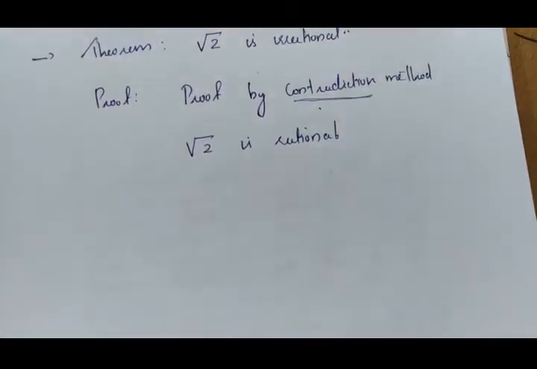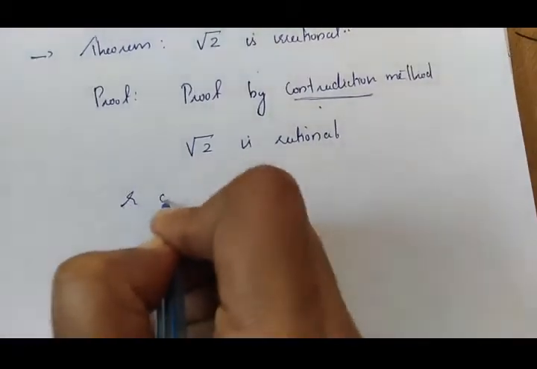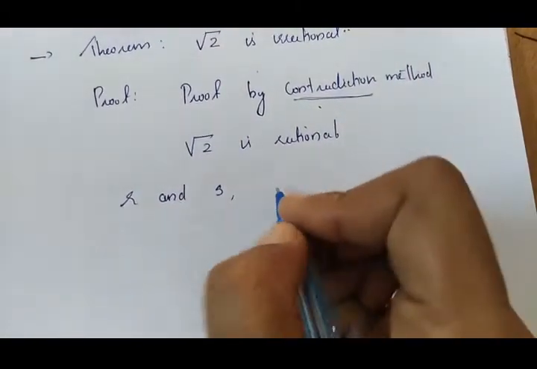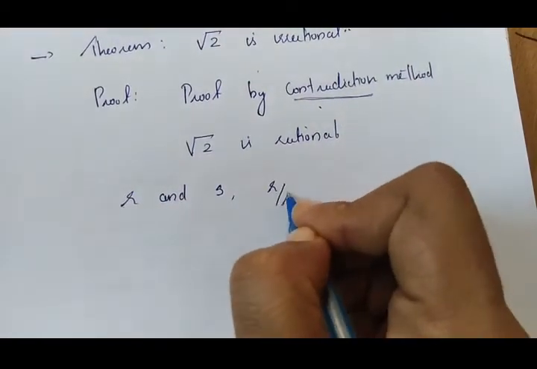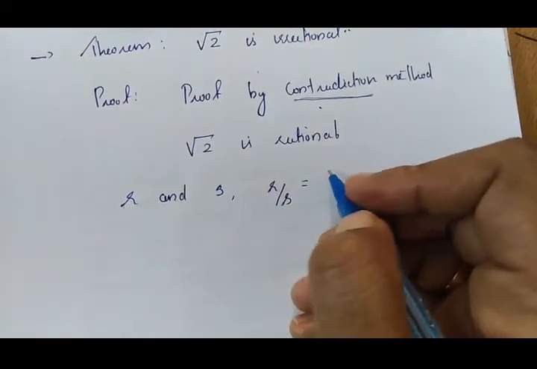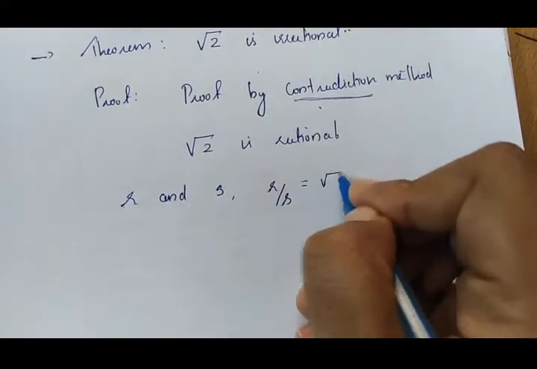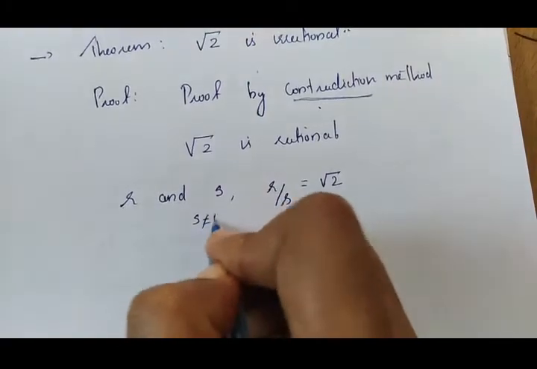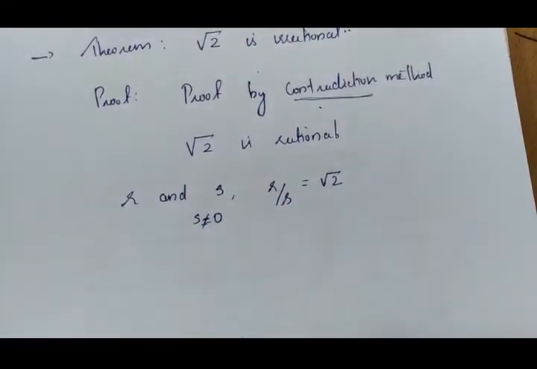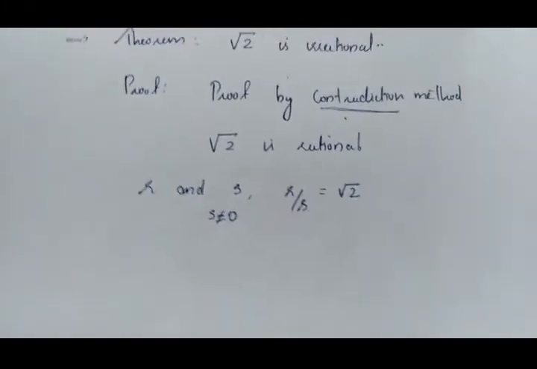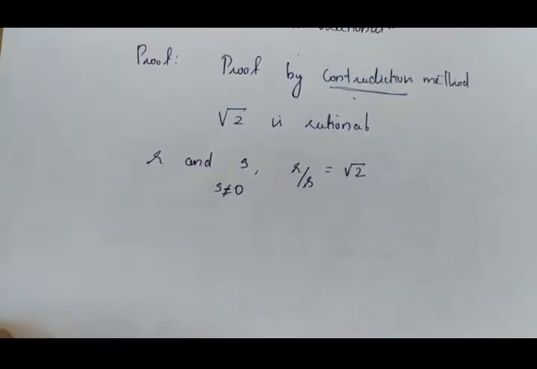Consider two integers R and S. We can rewrite root 2 in the form of R and S, which is equal to root 2 where S not equal to 0. S should not be equal to 0. R divided by S is equal to root 2.